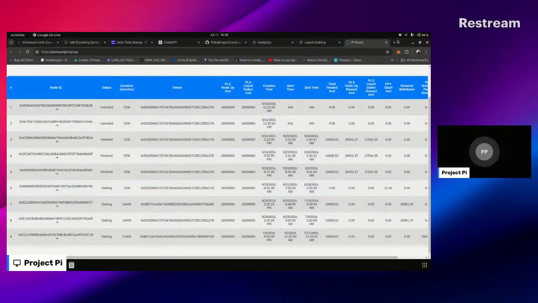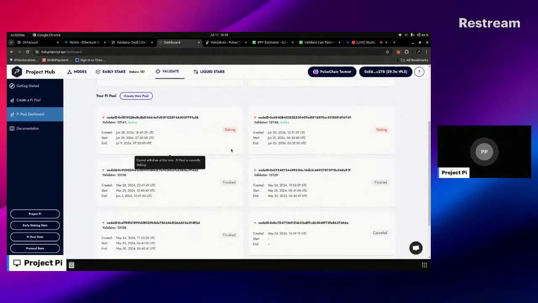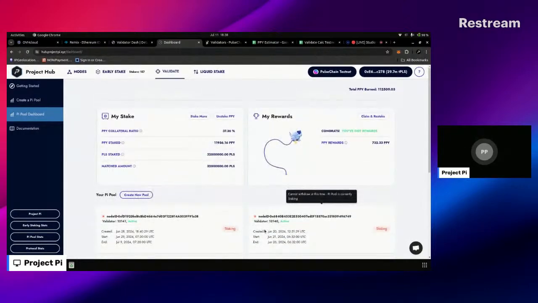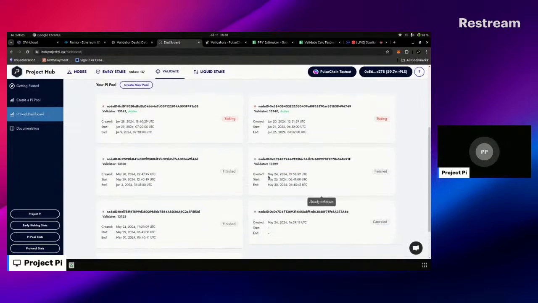Let's see. Yep, these are still running. These are finished. These are canceled. I made it so that when it's canceled, it shouldn't show any validator, because you canceled in the Pi pool, so you didn't have a validator connected. In finished, because the person has withdrawn out of the validator, their status would be withdrawn exit.